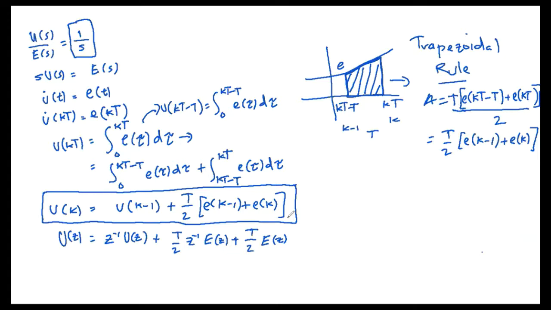So basically this will be E of z into T over 2 into z inverse plus 1. So U of z is equal to z inverse U of z plus E of z into T over 2 times z inverse plus 1.